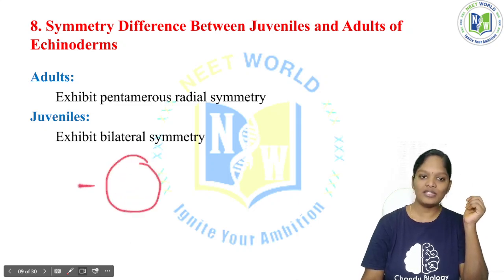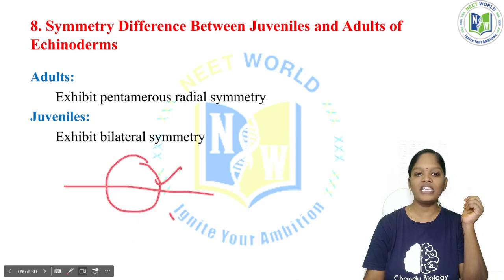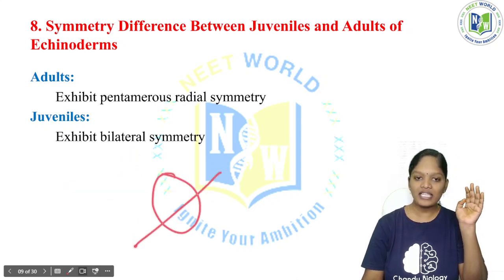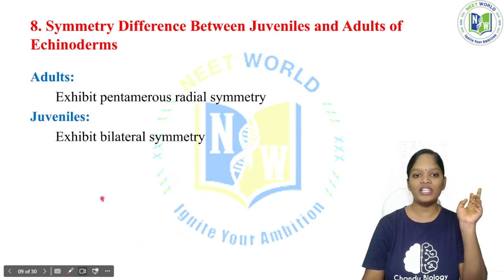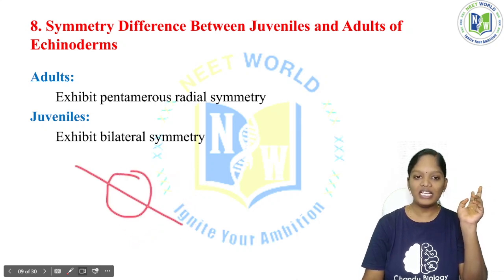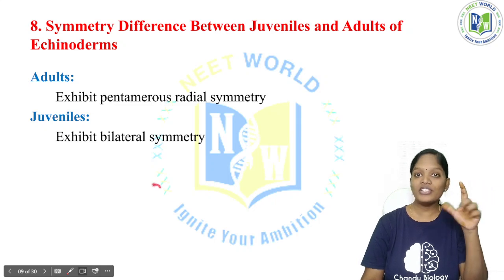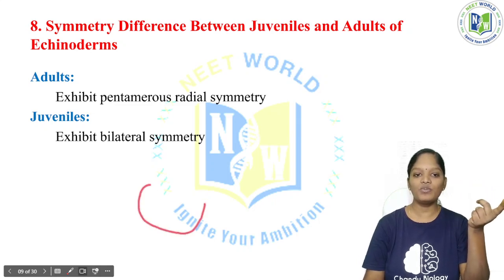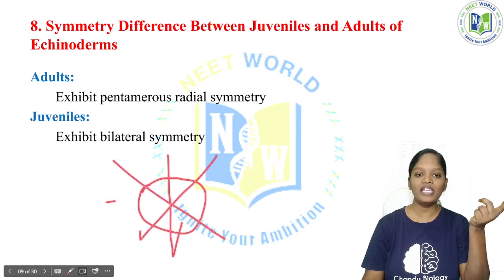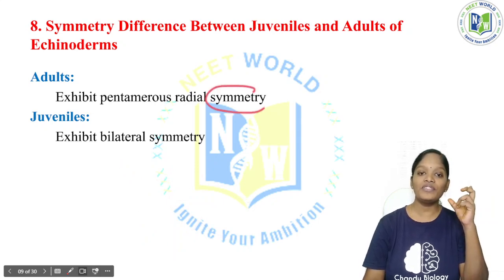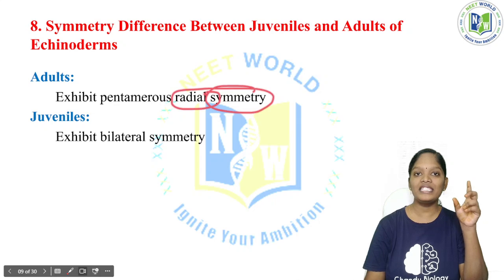If we cut like this, we can come up with 2 morphologically equal halves. If we cut like this, again 2 morphologically equal halves. If we cut the organism at any plane, we can come up with 2 morphologically equal halves. That type of symmetry is called radial symmetry.